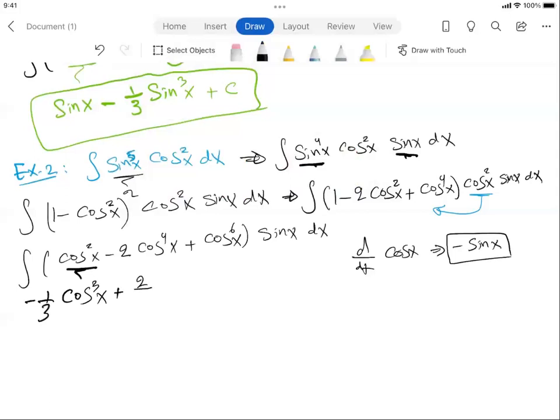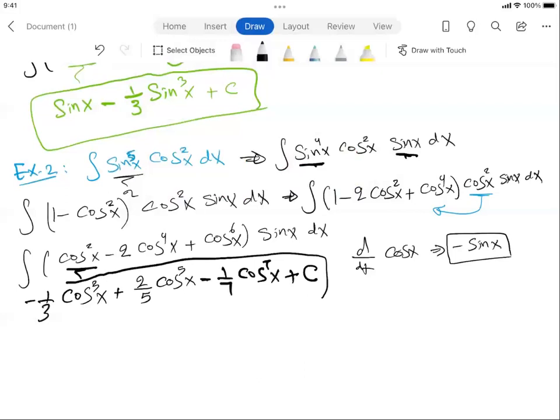It will become 2 over 5 cosine to the 5th of x. And this one will become minus because it's already positive: minus 1 over 7 cosine to the 7th power, plus constant. So that is the final answer.